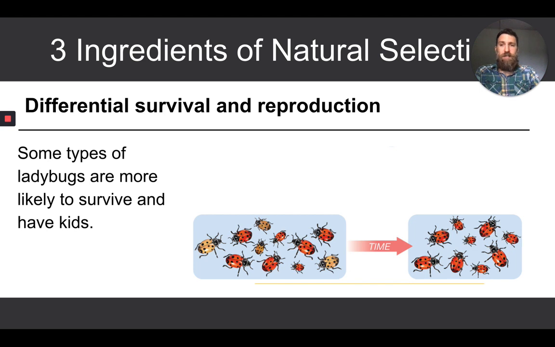We just have the red ones left. Some ladybugs are more likely to survive and reproduce than others, obviously. The only thing we're missing here is that agent of change. What is causing this difference from one generation to the next? What happened to all the orange ladybugs?